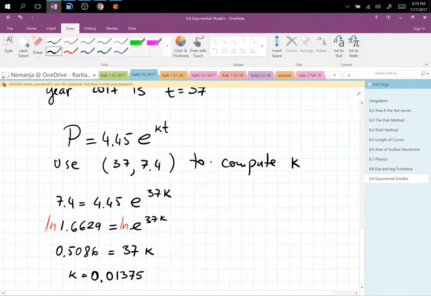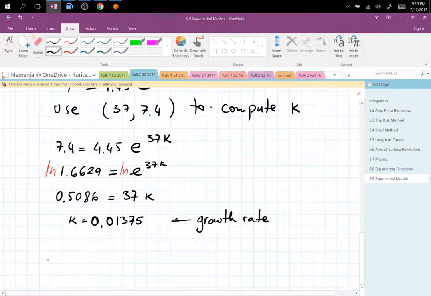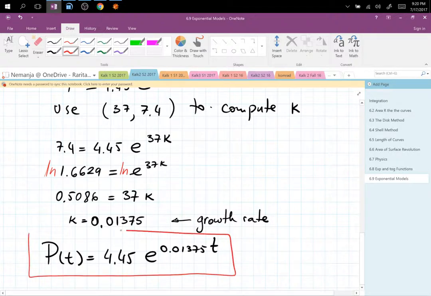So there it is. This is our growth rate. And now I have a model. Population in time is going to be 4.45 e to the 0.01375 t. This is the population model that I have.